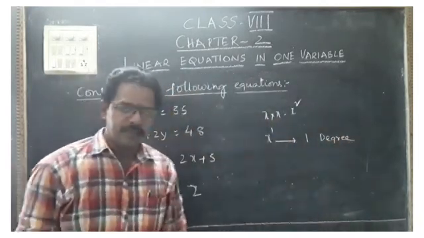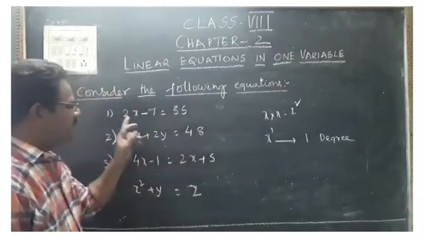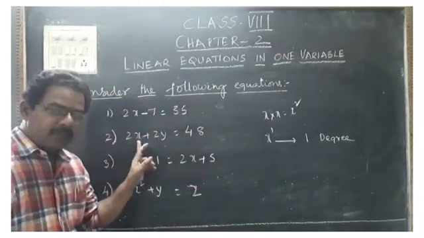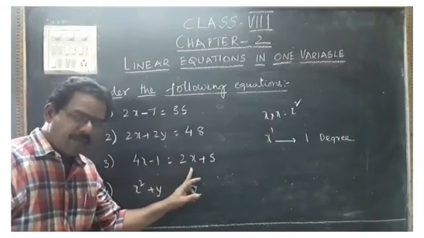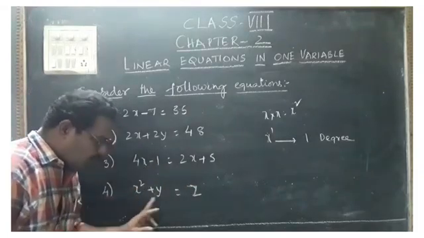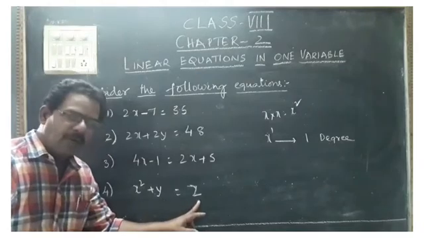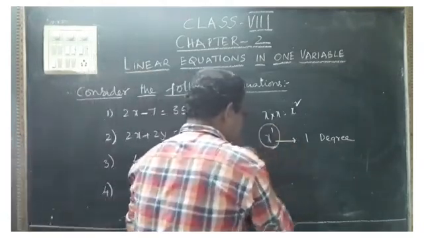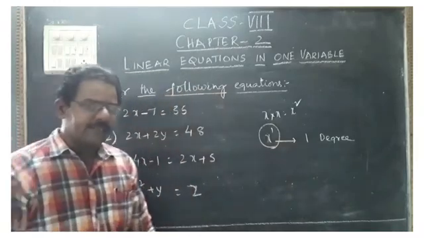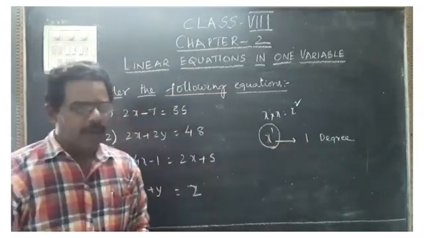That means x to the power of 1, x to the power of 1, y to the power of 1, x to the power of 1, x to the power of 1, x to the power of 2, y to the power of 1 and z to the power of 1. One variable to the power of 1 means its degree is 1.